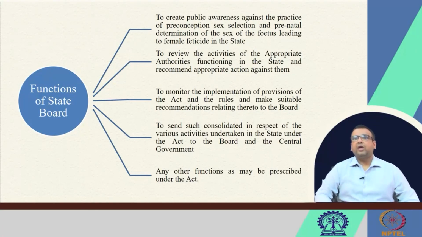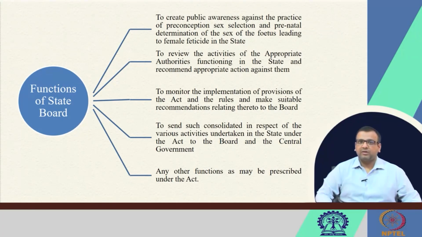To monitor the implementation of provisions of the act and the rules and make suitable recommendations related thereto. To send consolidated reports in respect of the various activities undertaken in the state under the act to the board and the central government. Any other functions as may be prescribed under the act. So, these are the various functions of the state supervisory board mentioned in section 16A and B.